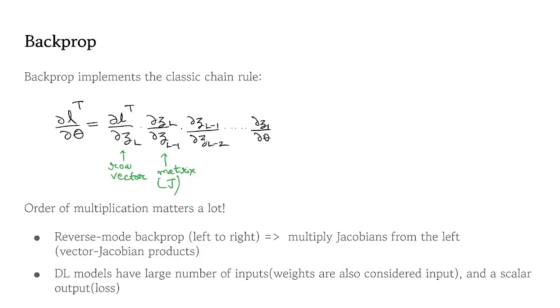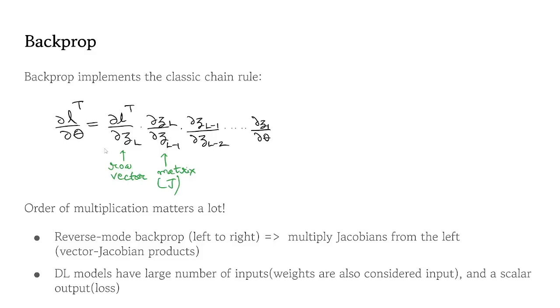And well, we could have gone the other way, from right to left. That would have resulted in what's called forward mode. The issue there is that we would be multiplying two large matrices. So we would have to form these.